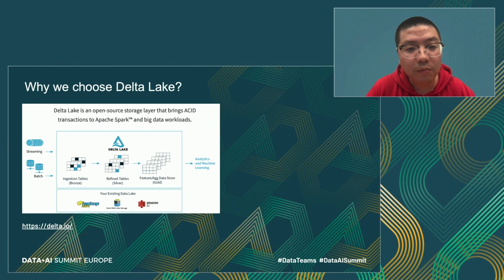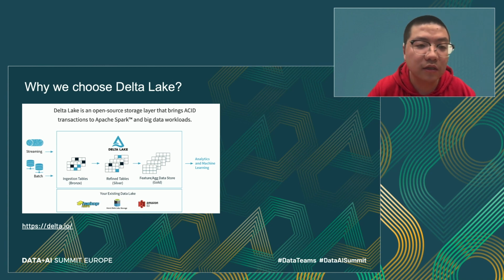Before introducing our implementation, let me go back to 2019 and explain why we chose Delta Lake. Before this, we developed a new file format for Spark. Its implementation is like having ACID, but it's not good on availability, and we just provided its API, not SQL. At that time, Databricks open sourced their product, Delta Lake.